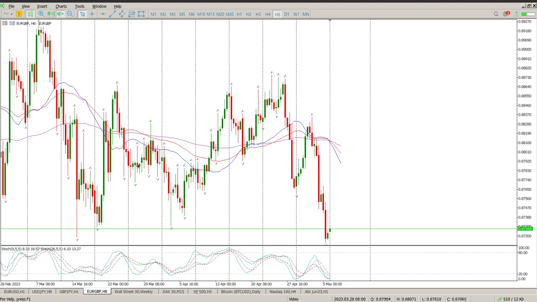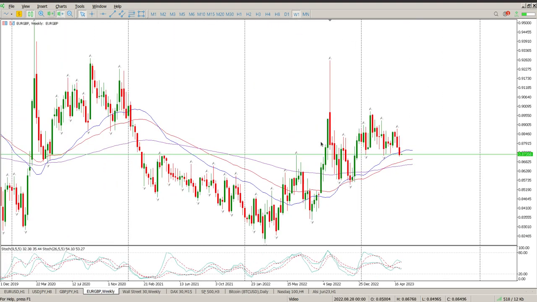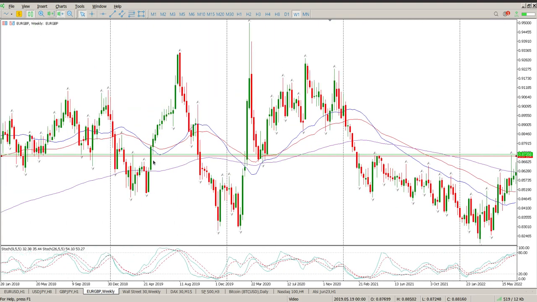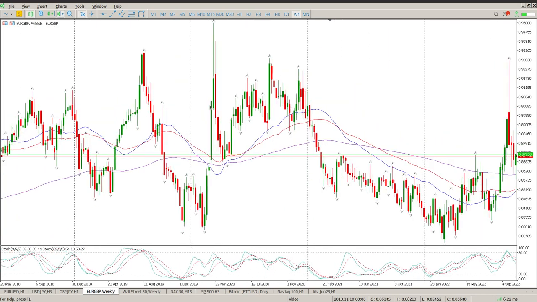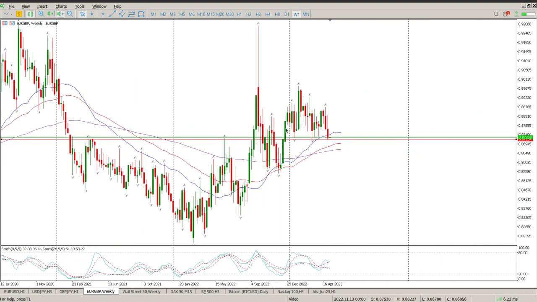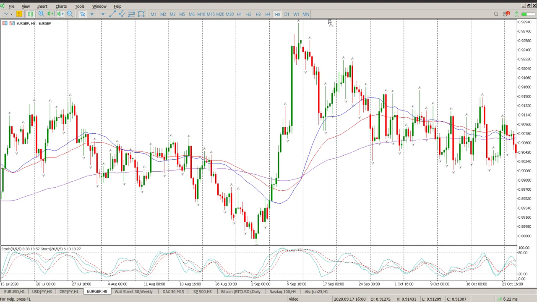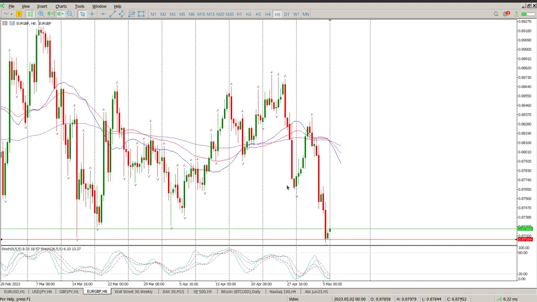Moving on to Euro British Pound, and we are back sort of in this level. You can see it's been something in the past of lots of interest, should we say, a strong level of support and resistance that we're at the moment. So for me, I'm very reluctant to be jumping in short here.